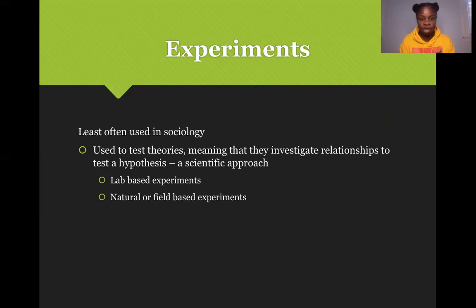And why they're least often used. So they're used to test theories, meaning that they investigate relationships to test hypotheses, so a scientific approach. Some of these can be lab-based experiments, or they could be natural or field-based. Your book specifically mentions Stanley Milgram's shock experiment, okay?